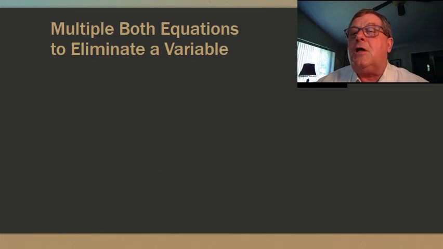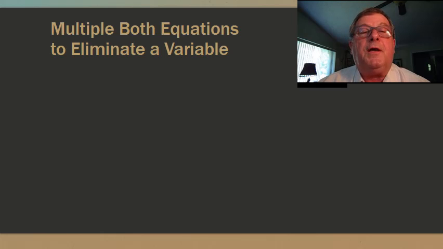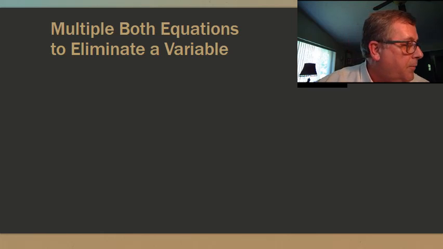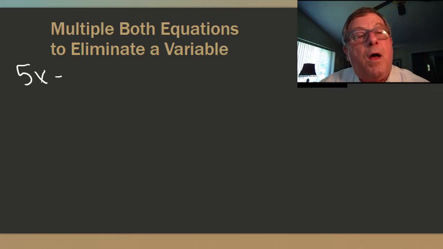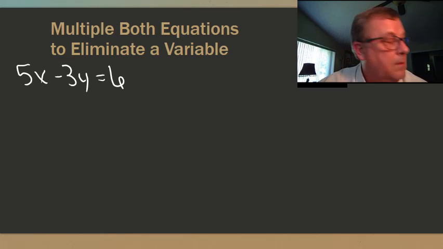Okay, and this time we're going to solve a system of equations using elimination by multiplying, but this time we're going to have to multiply both equations to eliminate our first variable. So let's get our equations listed here. So we got 5x minus 3y equals 6.